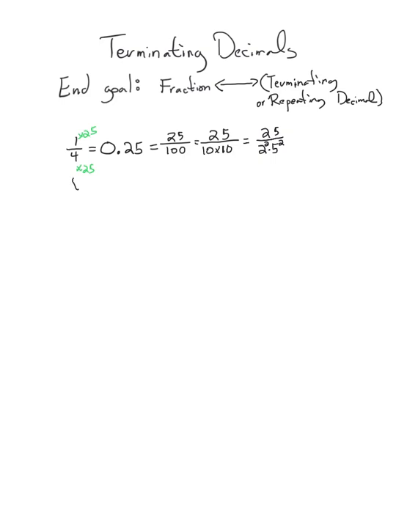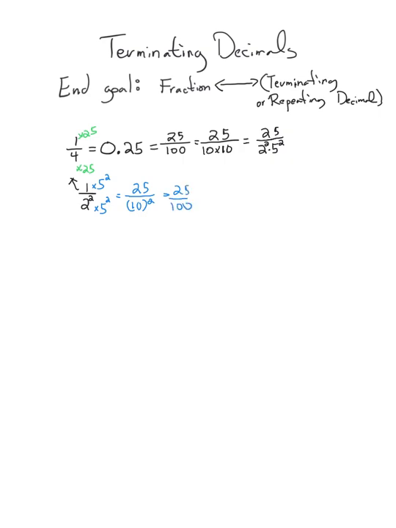And if you look at a quarter, well, a quarter is just 1 over 2 squared. So we can see it's equivalent if I multiply by the missing 5's here, so that we get a power of 10 in our denominator, then it's a decimal fraction. Then it's 25 over 10 squared, or 25 over 100.